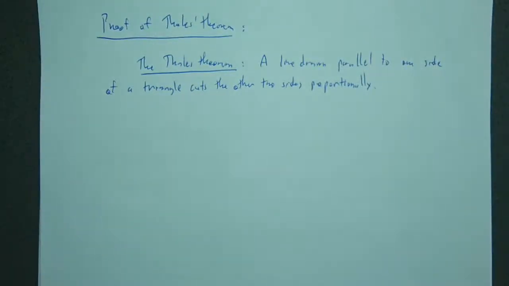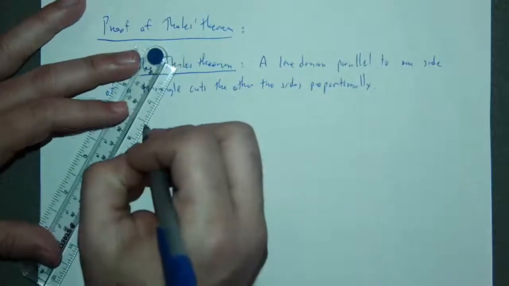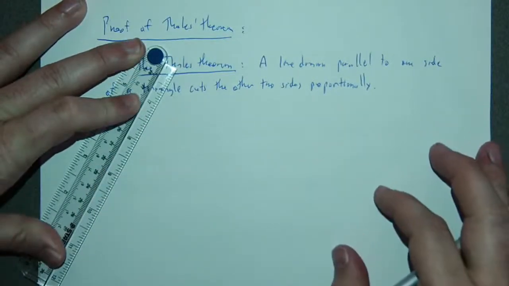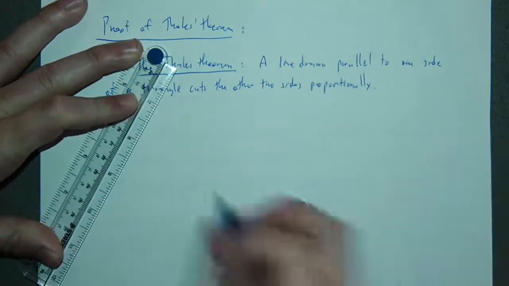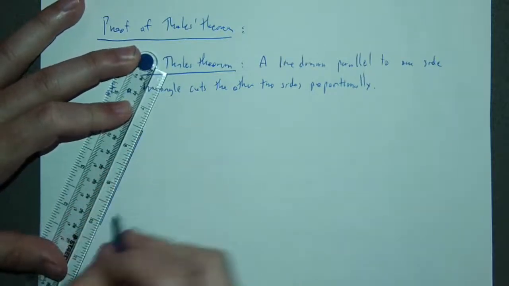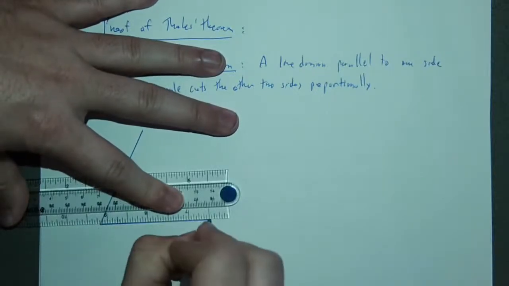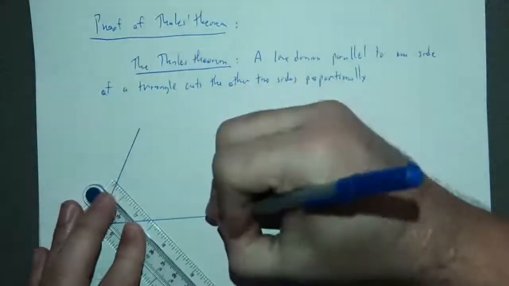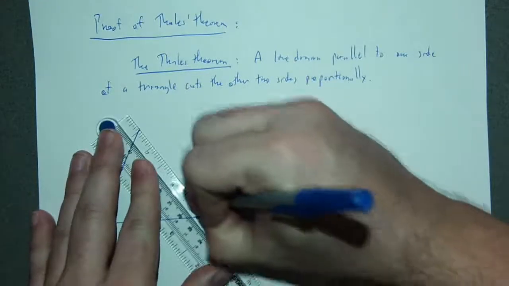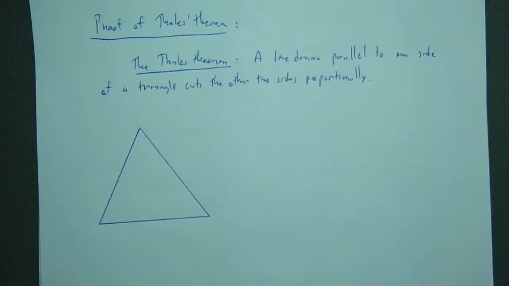Okay. So let me draw a picture that I'm going to be referring to for the rest of this. So let's consider the following triangle. Okay, so here's a triangle. We'll say this is a triangle ABC.